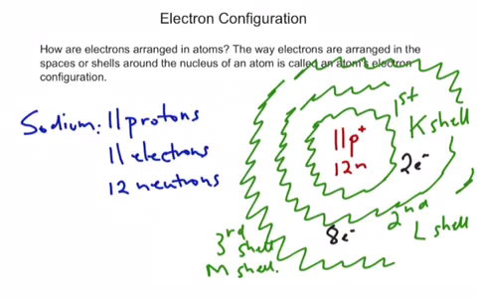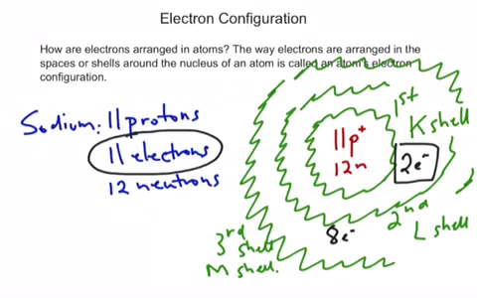So for sodium, there are 11 electrons that have to be placed. So we would put 2 of those electrons into the first shell. The next 8 electrons will go into the second shell. And because there's 11, there's still 1 more electron to place, so it will have to go out in the third shell.